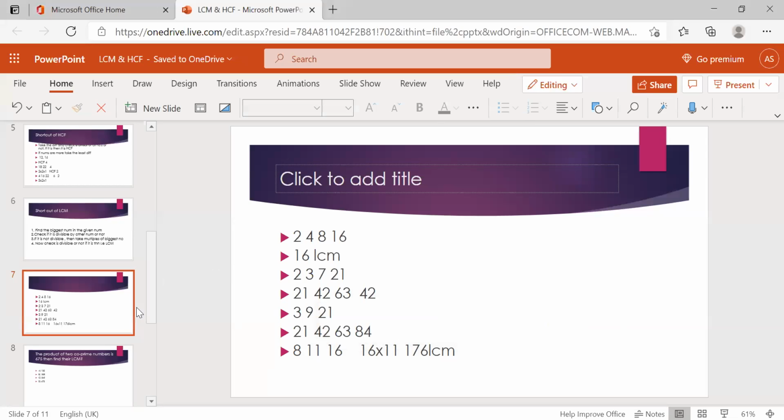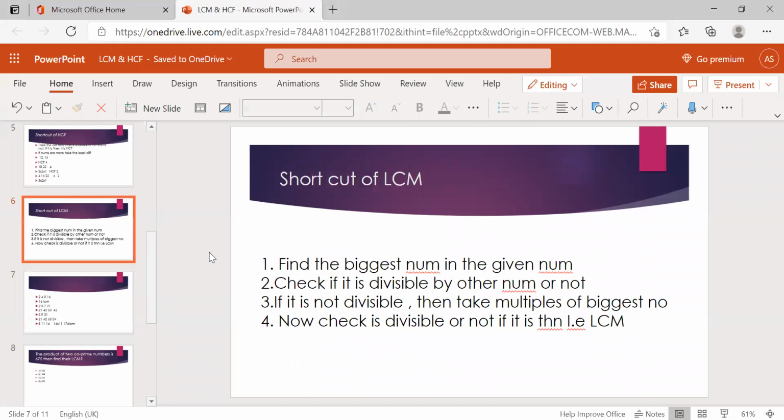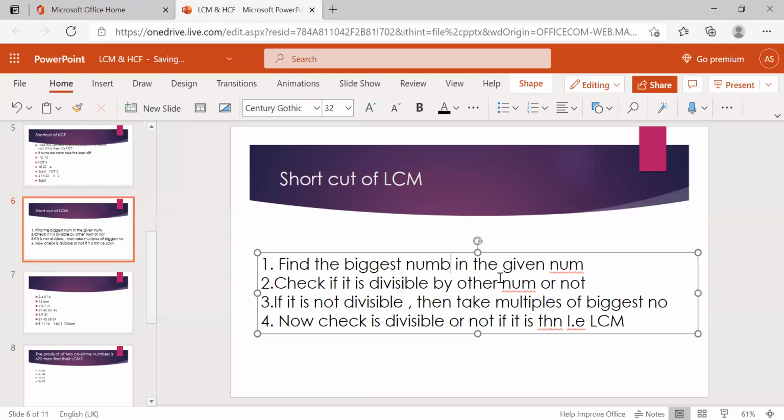Find the biggest number in the given numbers, and check if it is divisible by the other numbers or not. And then that is our LCM.